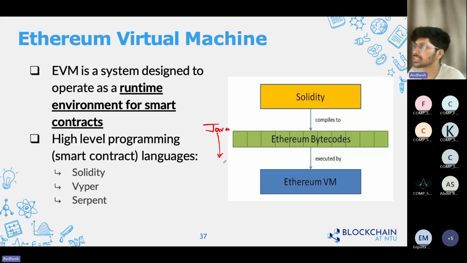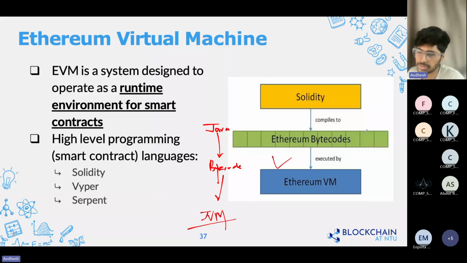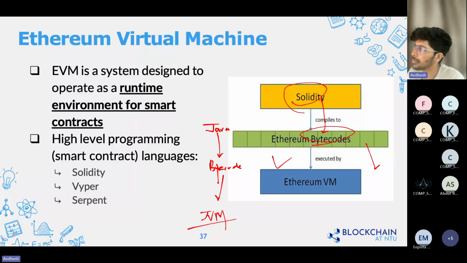Just like Java has something called bytecode, it's converted into bytecode and then run on the JVM, which is the Java Virtual Machine. Same goes for Ethereum as well. You program it in Solidity, which compiles into bytecode. Bytecode is nothing but, I think, hexadecimal numbers, and then it's executed by the EVM, which is the Ethereum Virtual Machine.